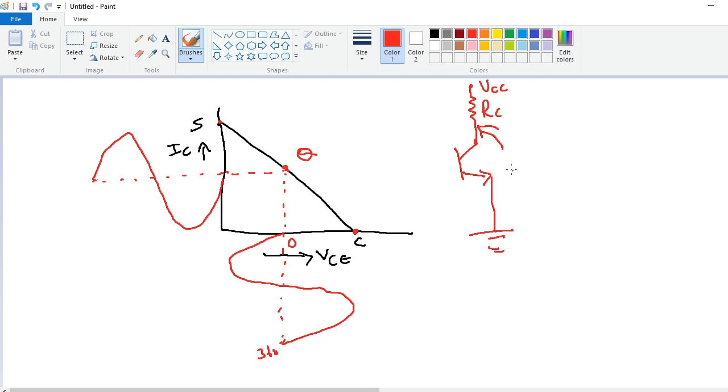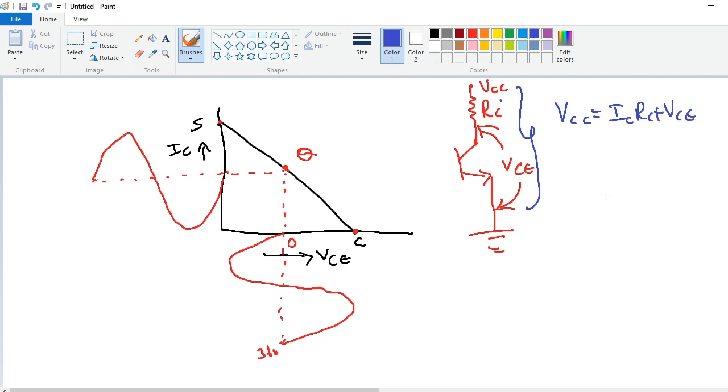The voltage between the collector and emitter is called VCE. Applying KVL to the output portion of the circuit, we get VCC is equal to ICRC plus VCE.